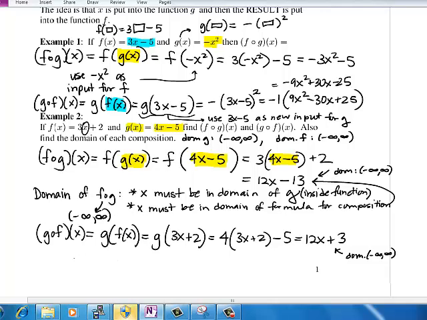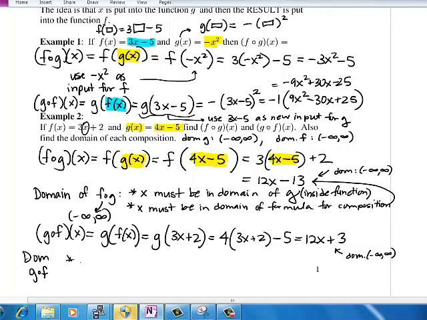In the second one, we would first consider for the domain of g circle f, we need x must be in the domain of f, the inside function. And x must be in the domain of 12x plus 3.